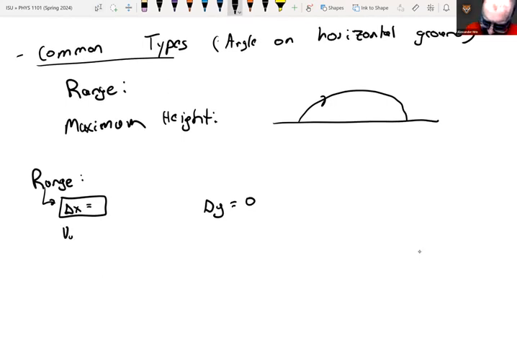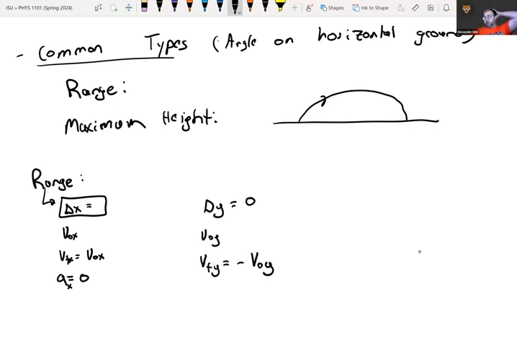Now, your v initial x could be whatever. Your v initial y could be whatever. Your v final x is just equal to your v initial x, because your acceleration in x is equal to 0. Your v final y is going to be equal to negative v initial y.